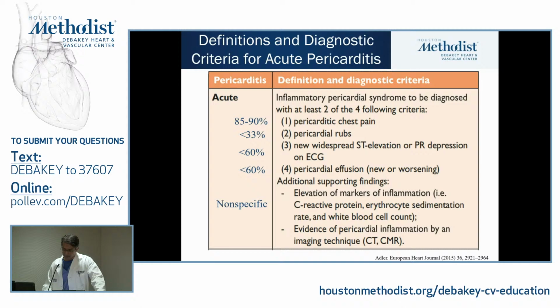And then they have some additional supporting findings that you can use, which include elevated markers of inflammation, such as C-reactive protein and ESR. And if you have the ability to do MRI, look for pericardial inflammation.